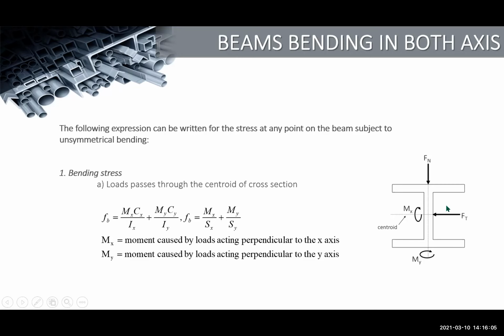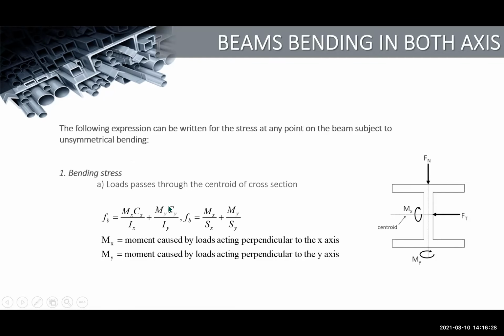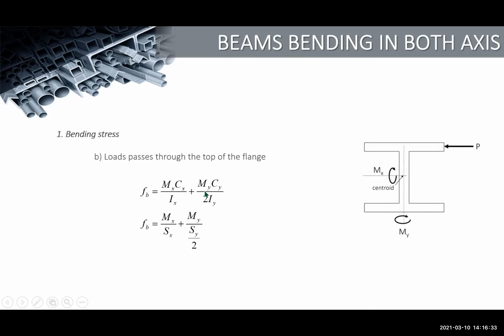Kasi first, if the tangential force natin is nasa centroid ng cross-section. Next naman, if yung tangential load natin is nasa top ng flange. So, kapag nasa top ng flange, you'll notice ang difference lang is yung instead of MC over I, we will have here MC over 2I.